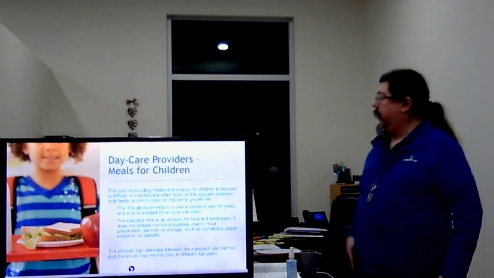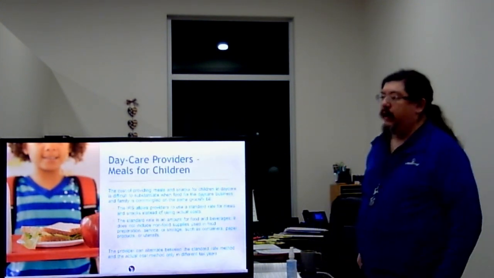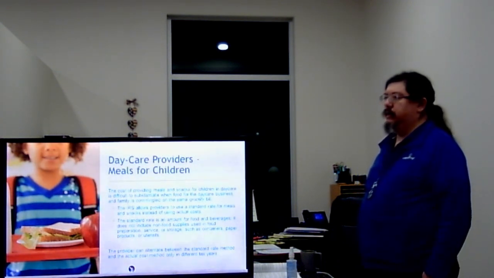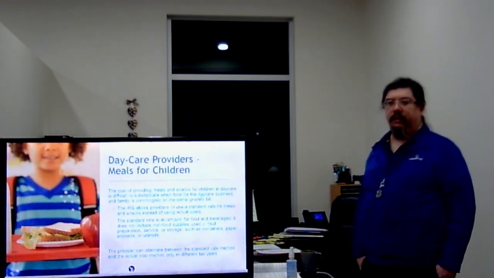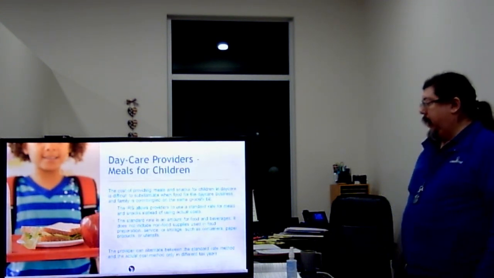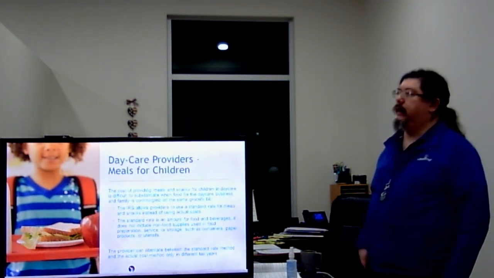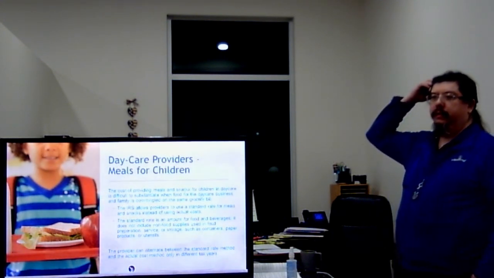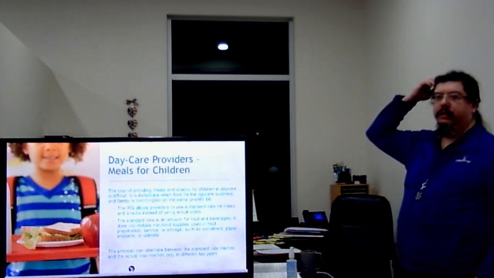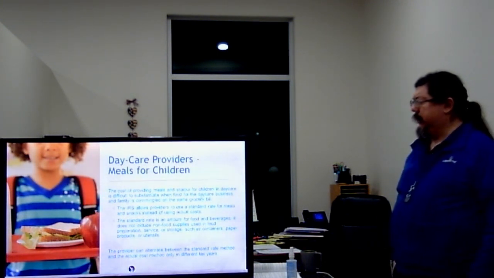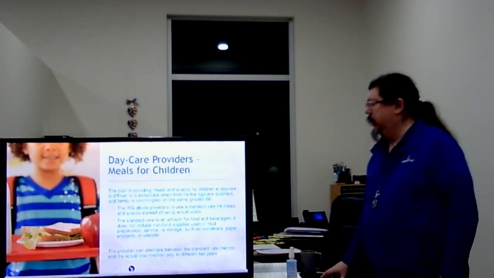So a daycare provider fits under providing meals as an essential part of their business. The kids aren't going to sit still for 8 hours if you don't give them lunch and snacks. They have this special rule because a lot of the time you just go grocery shopping and you don't really keep track of what's for the kids and what's for yourself. And you're just allowed a standard deduction.